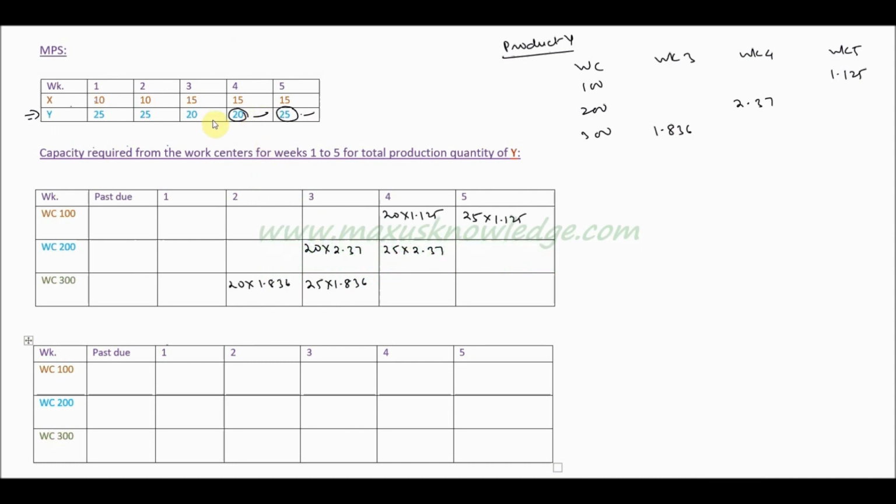So this is done. Now let's move to week number 3. So again, same thing, 20 multiplied by 1.125, 20 multiplied by 2.37, and 20 multiplied by 1.836. So this is done. Now let's move to week number 2.